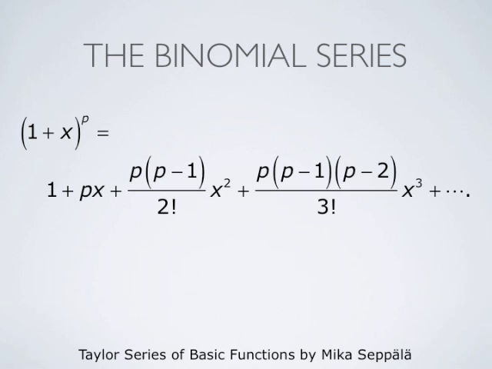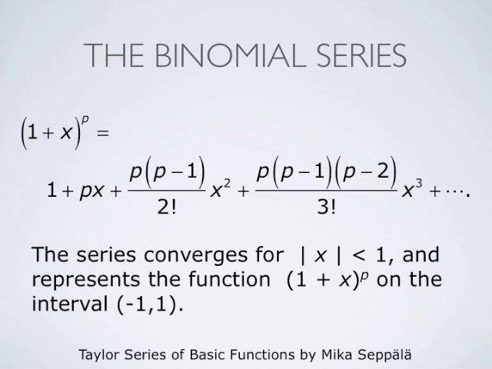Therefore, we conclude that the Maclaurin series for the function (1 plus x)^p equals 1 plus p times x plus p(p-1) divided by 2 factorial times x squared plus p(p-1)(p-2) divided by 3 factorial times x cubed plus, and so forth. And one can show that this series converges whenever the absolute value of x is strictly less than 1 and that it represents the function (1 plus x)^p on the interval from -1 to 1.